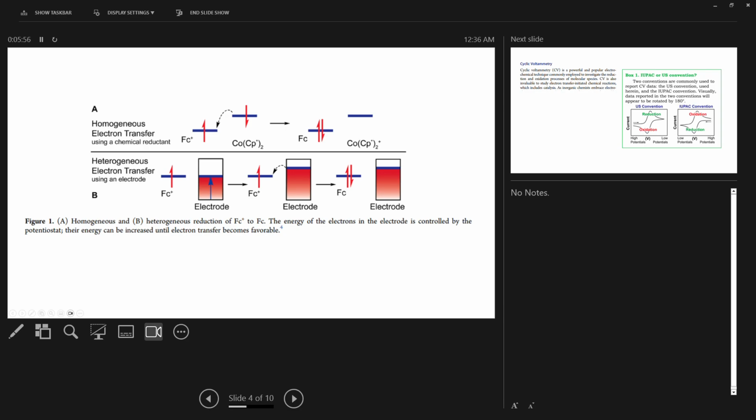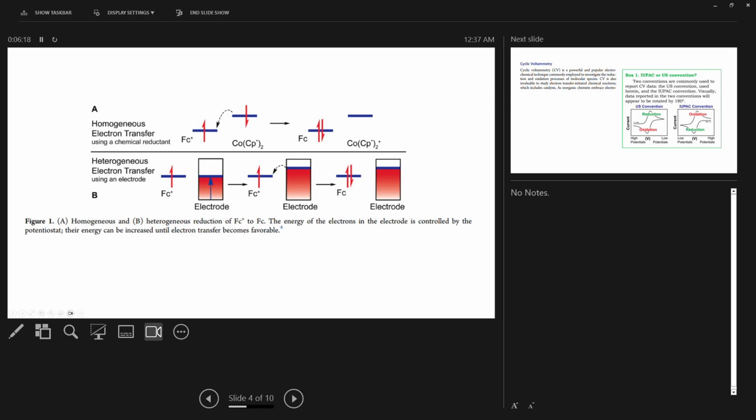Then the electron transfer from the electrode surface to the ferrocenium becomes easier, and it gets reduced to ferrocene. So this becomes oxidized and this becomes reduced. That is the phenomenon which occurs in electrochemistry.